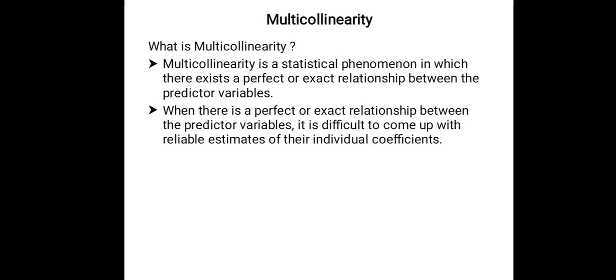Afternoon. In the previous session, we discussed testing the overall significance of the sample regression and the F test for the variables. Next, the ANOVA table for 3 variable regression, the F test, then the decision rule.